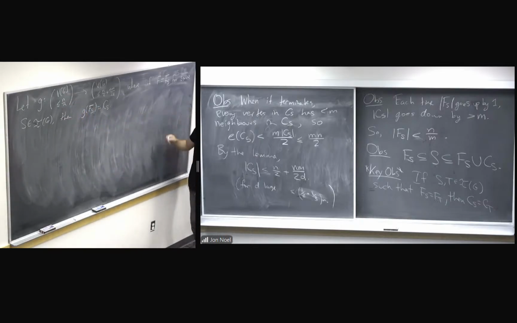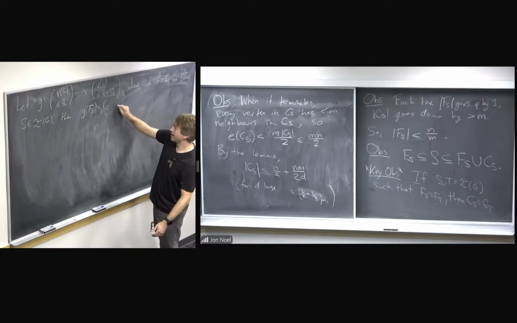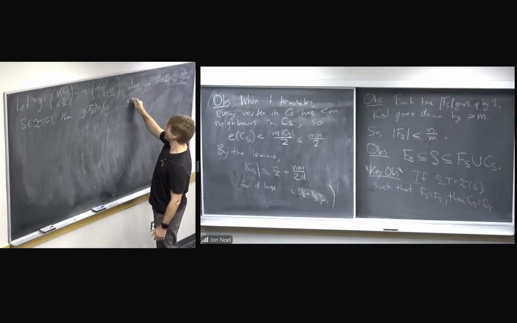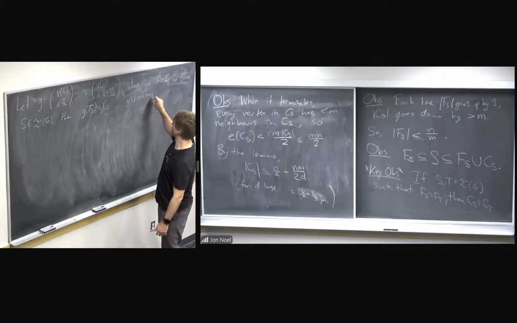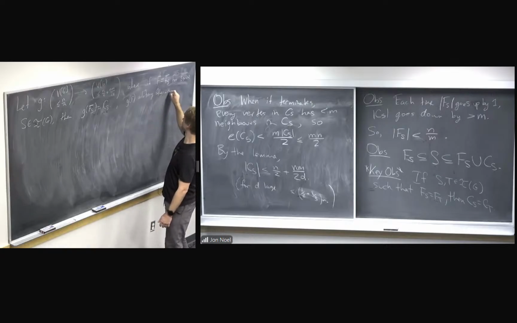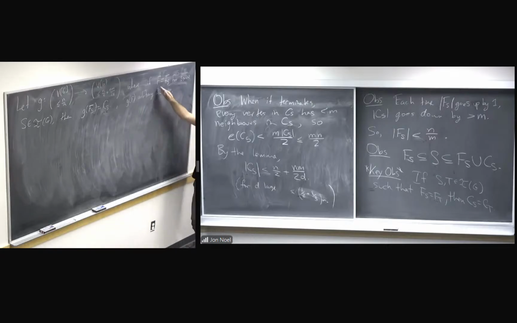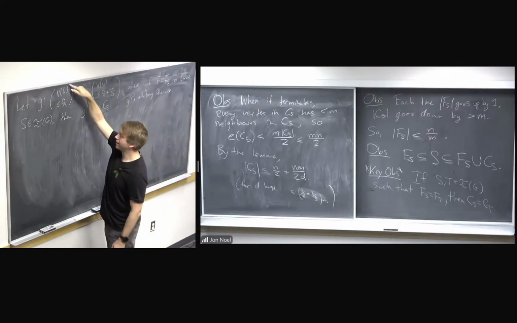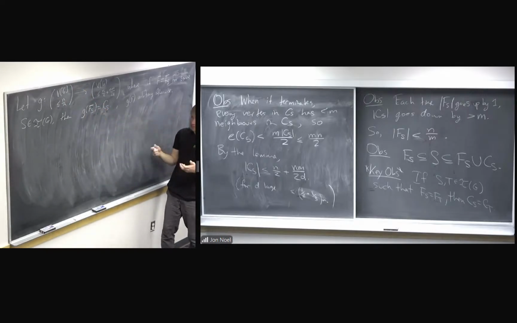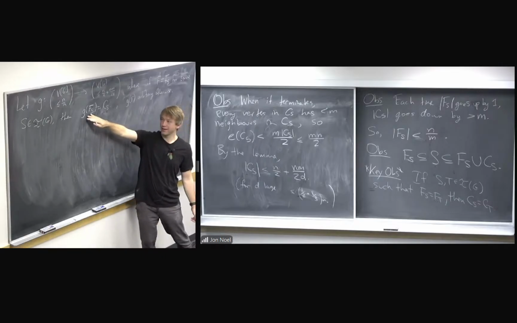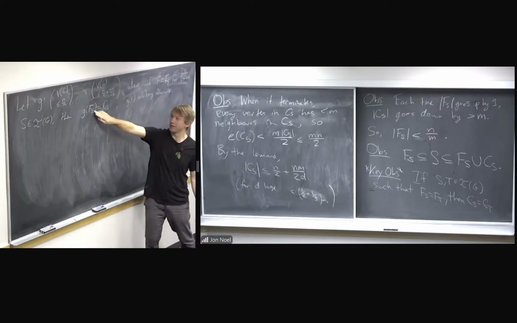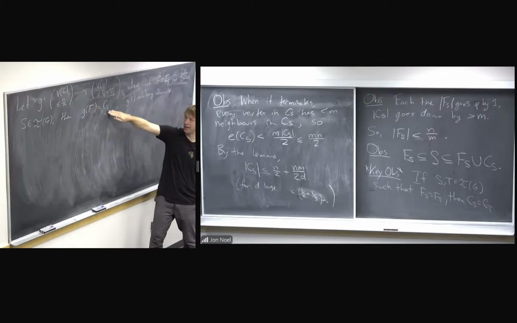So if f is any set that can be represented as the fingerprint of something, then I define g of f to be the associated container.